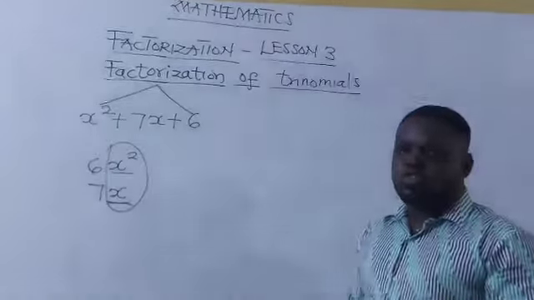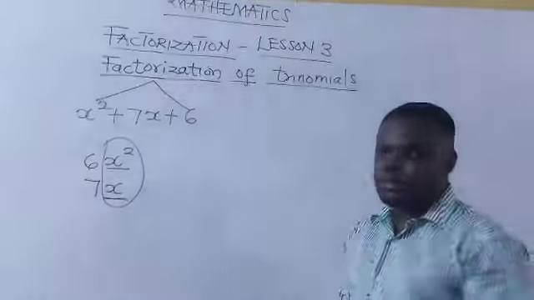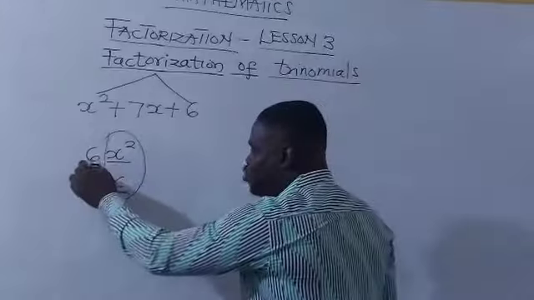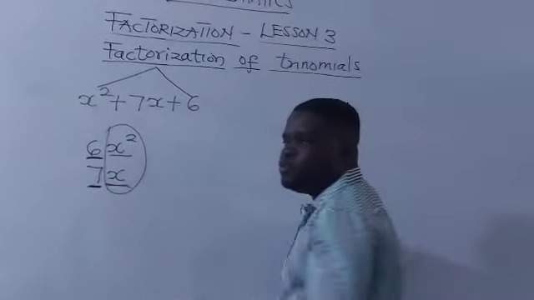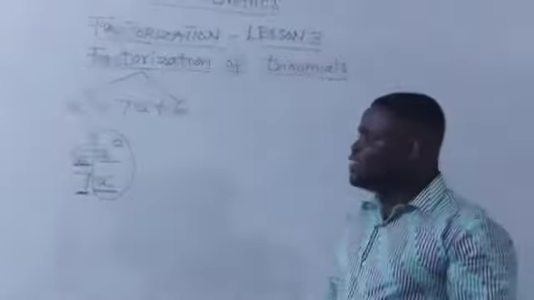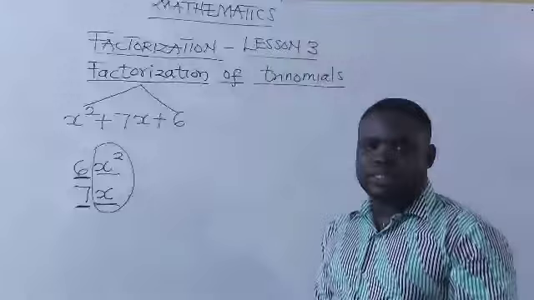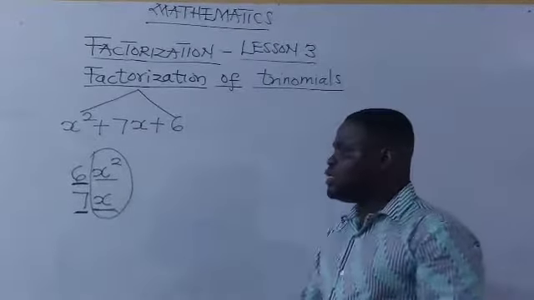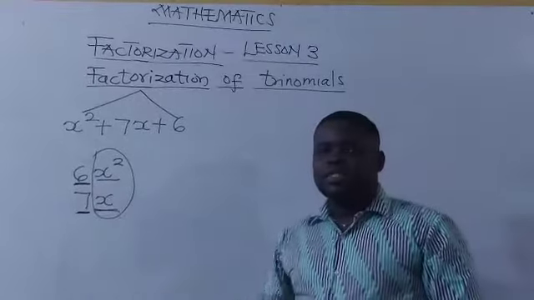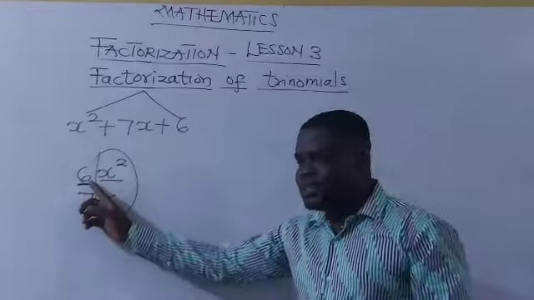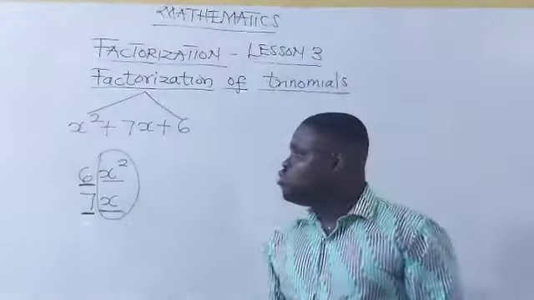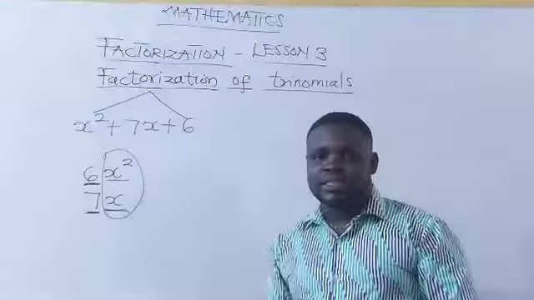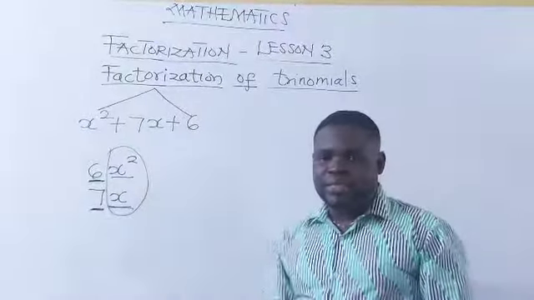Now you are going to look for the number part of the two terms, of which the product should be 6 and the sum should be 7. It is very easy to determine these two numbers. One, you realize that when it comes to products to produce the result 6, the two numbers should either be positive or they should be negative.